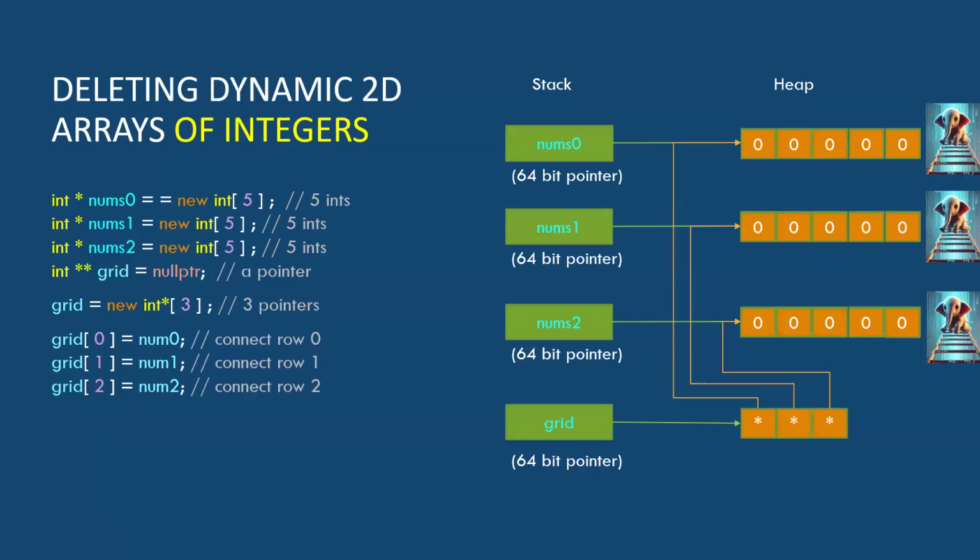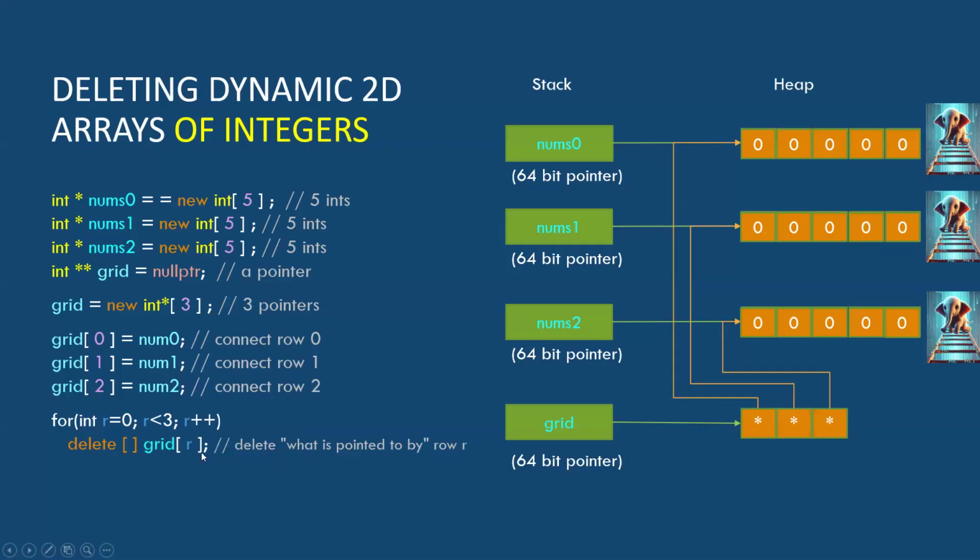So just as a reminder, if we want to delete this thing, we got to go through and delete the array of instances. So how do I know that this is an array? Well, if I look at each of these things that are the rows, they were created with square brackets. So I got to delete, in this case, 5 integers, right?